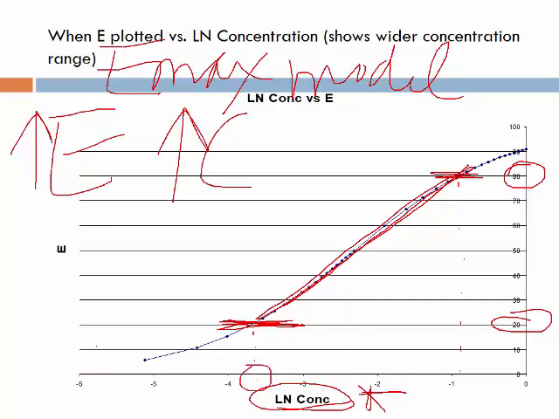This concentration, a natural log of, what is that, negative 3.75 or something like that, and natural log of close to negative 1, between those two concentrations, we're going to see a linear increase in effect as we increase the concentration. But remember, this is a natural log, so it's not really a linear increase in concentration, but a logarithmic increase.